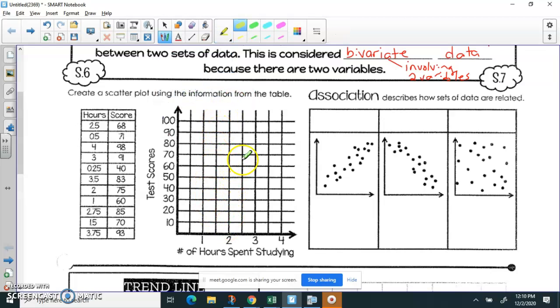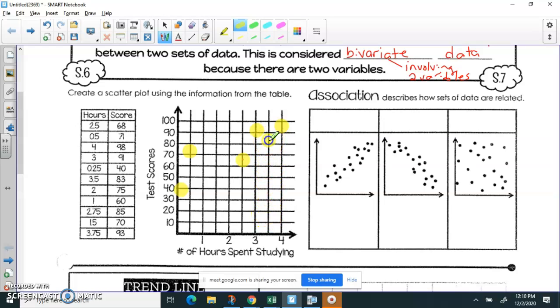All right, 2.5 and 68. 0.5 and 71. And then 4 and 98. 3 and 91. And then 0.25 and 40. And then 3.5 and 83.